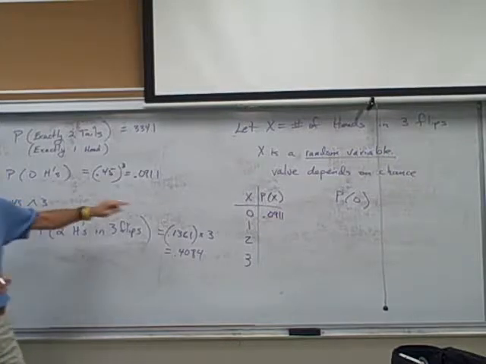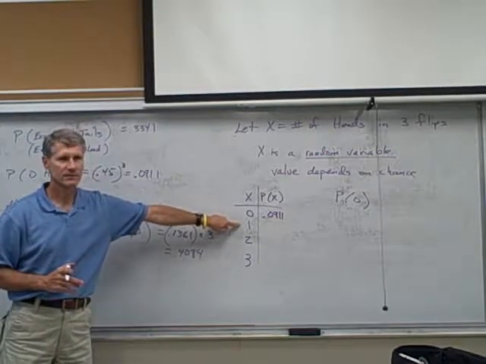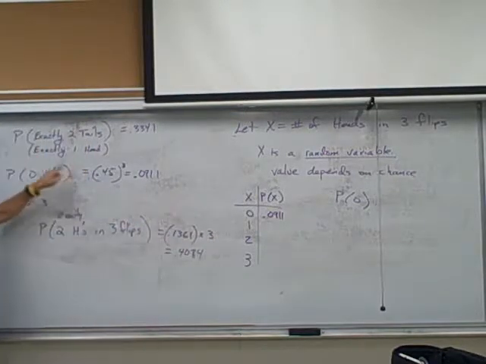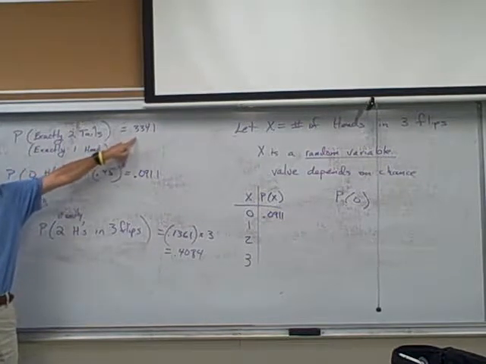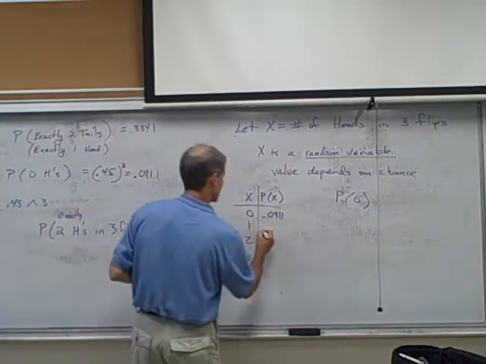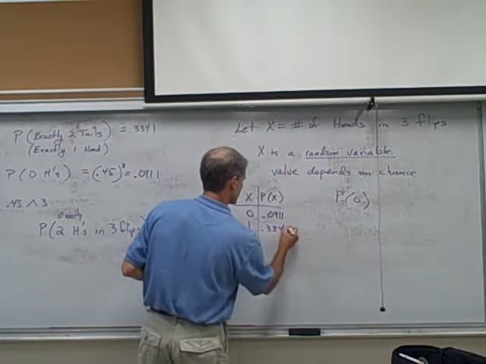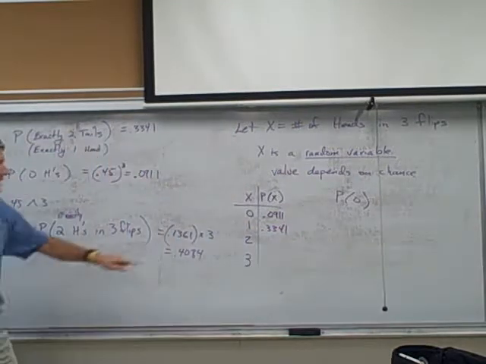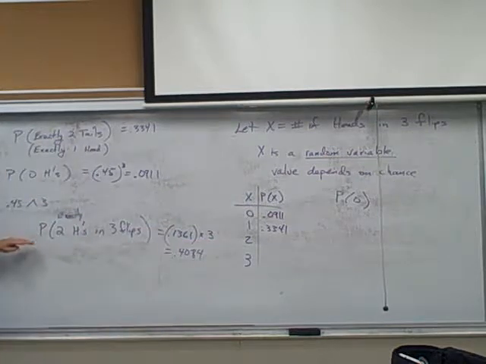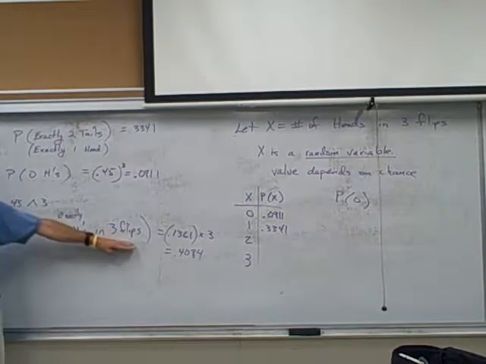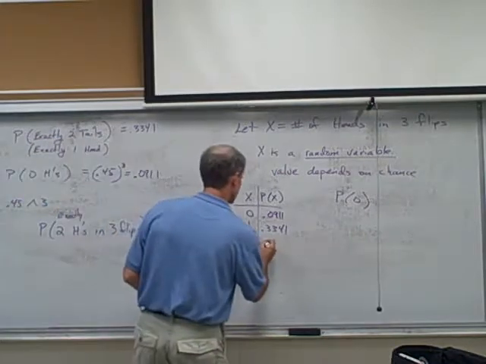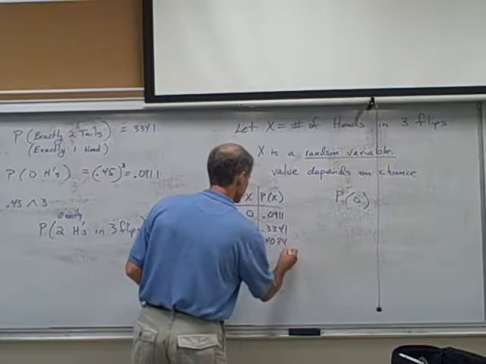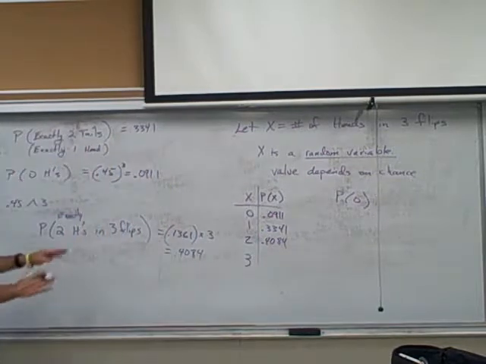What's the probability that x is a 1? Exactly 1 head, 0.3341. Right? Exactly 2 heads. We did that one here. Exactly 2 heads in 3 flips is 0.4084. And finally, we haven't done this one yet.